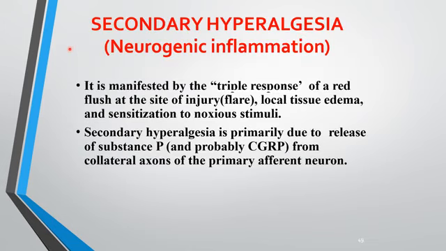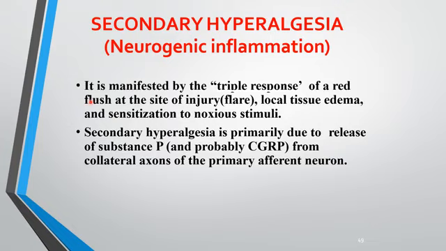In secondary hyperalgesia, which is otherwise called neurogenic inflammation, the nerves are involved. After an injury, the surrounding tissues will get inflamed. It is manifested by a triple response of a red flush at the site of injury.